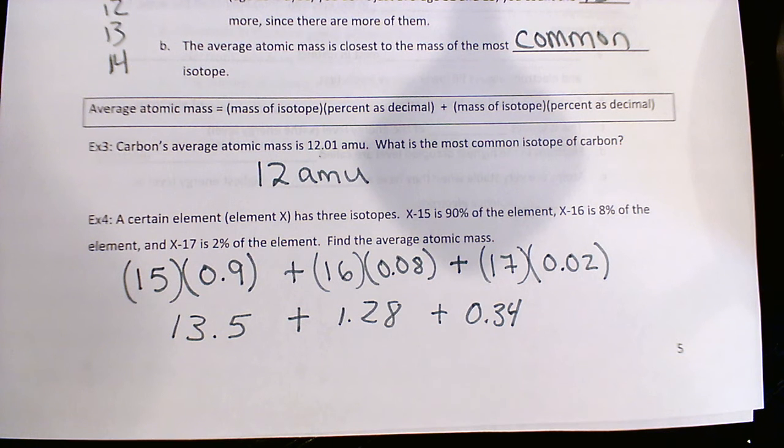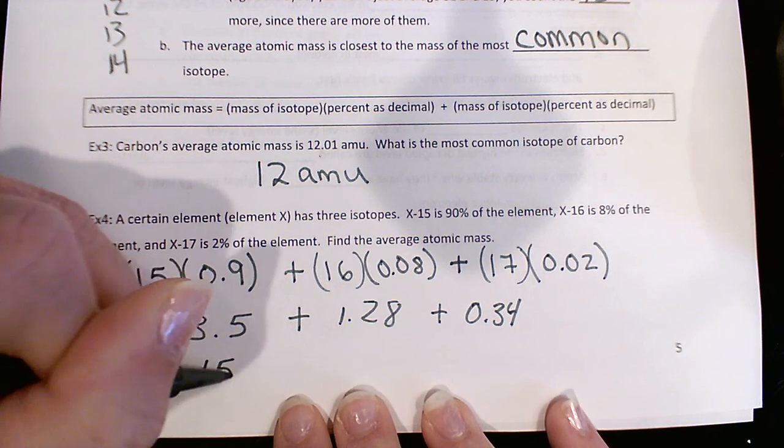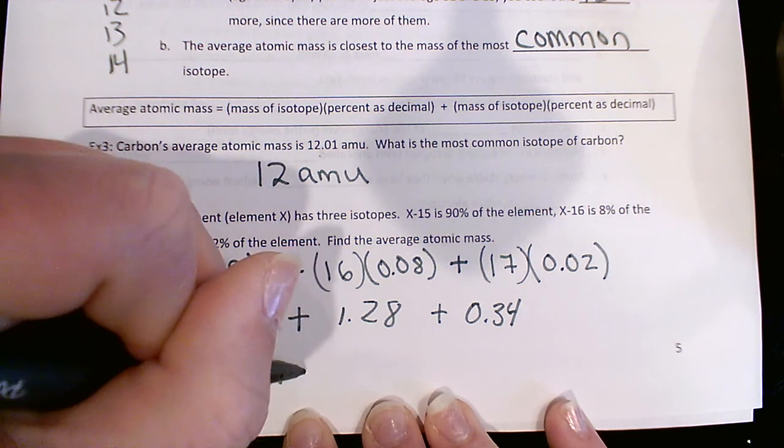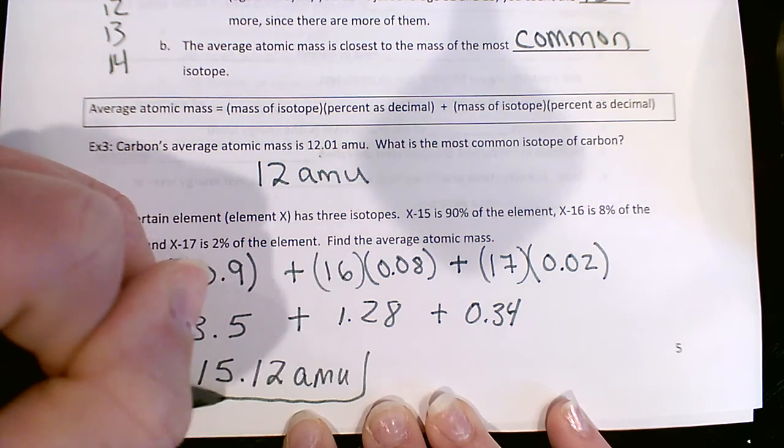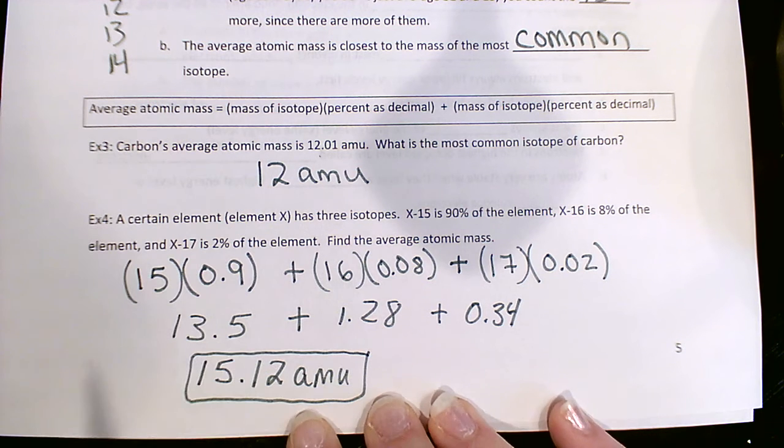Okay, so then I can just add those up. 13.5 plus 1.28 plus 0.34 is 15.12, and it's a mass, so our unit would be AMU.